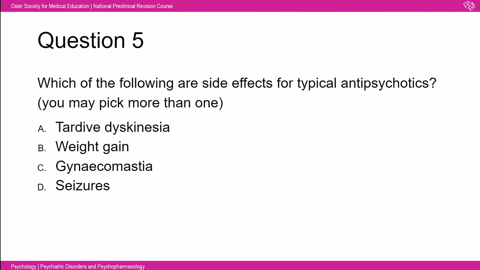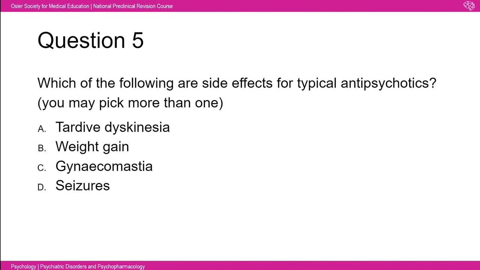So there's a bit of mixed answers from you here. Lots of you got that tardive dyskinesia is one of the side effects of typical antipsychotics. Quite a few of you said weight gain, but weight gain is the main side effect of atypical antipsychotics, and that's an important differentiation for you to make. Those are the more modern ones, the newer ones, which don't cause tardive dyskinesia, but do cause weight gain, and it can be quite significant.